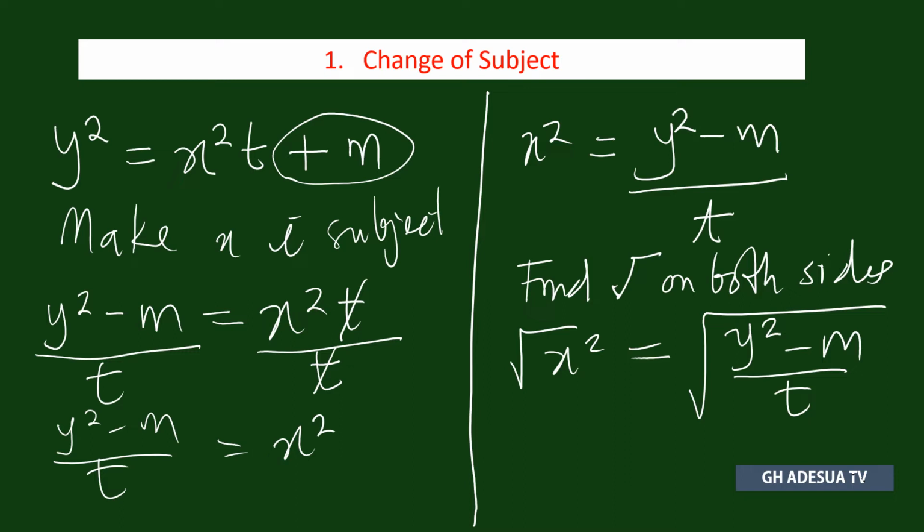So at this point, the square root sign and the square can cancel, and that was the reason why we brought in the square root sign. So if it cancels, now you have x standing alone and it's equal to the right hand side of the equation, the square root of y squared minus m over t. So that's the outcome.